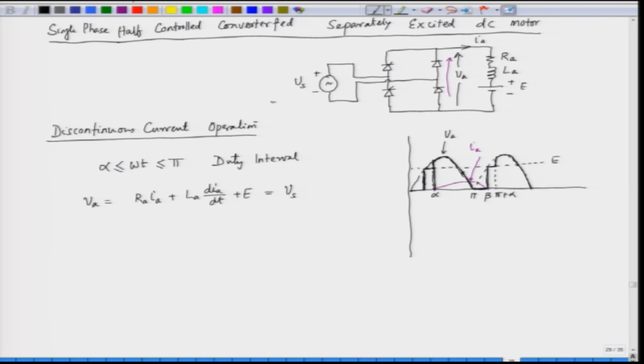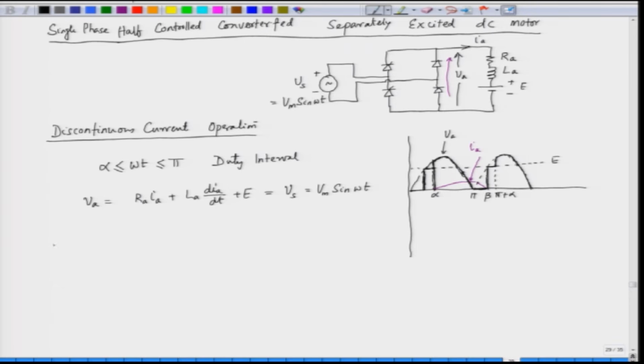And what is V s? V s is V m sin omega t, it is the sine voltage. As before, this equation will have a steady state component and a transient component.